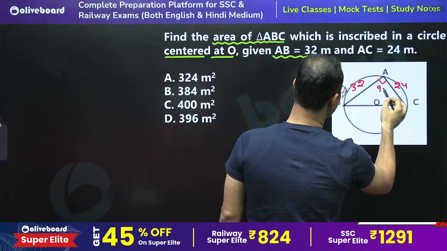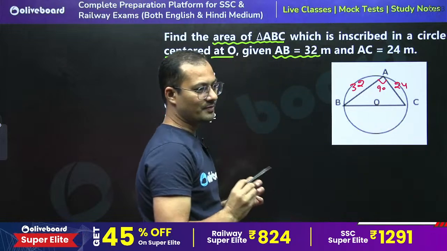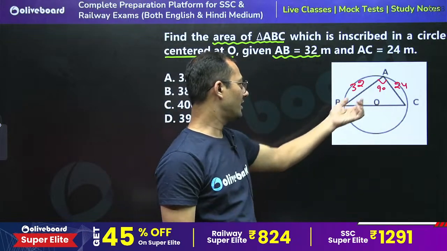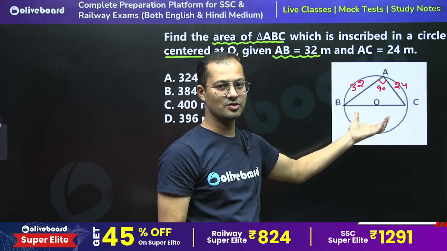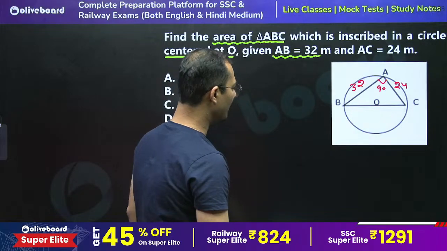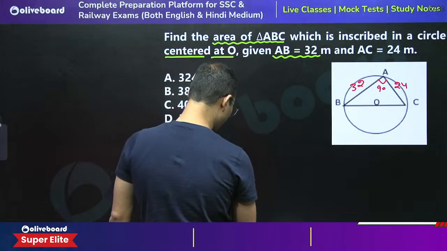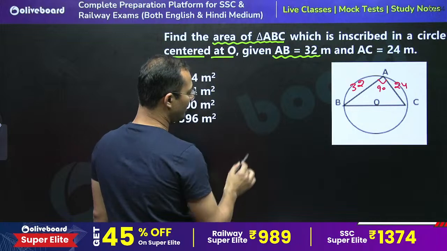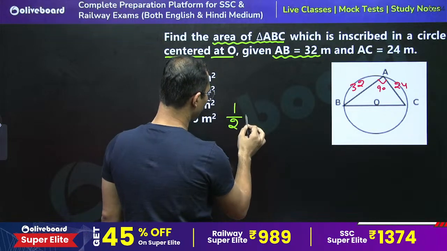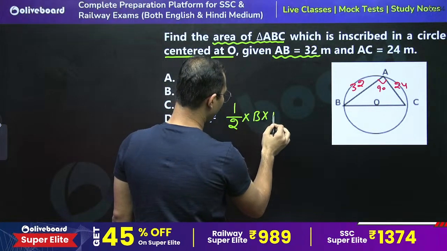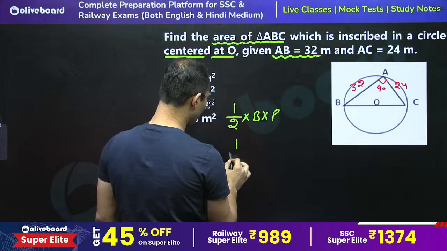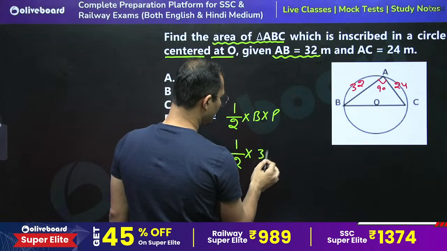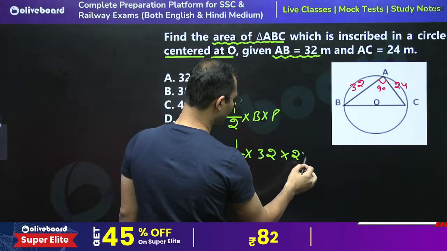Simply we can say that, see, the angle subtended by the diameter in either segment is 90 degree. So we can say that ABC is a right angle triangle. So the area of a right angle triangle is 1/2 into base into perpendicular. So it is going to be 1/2 into 32 into 24, simply, right?